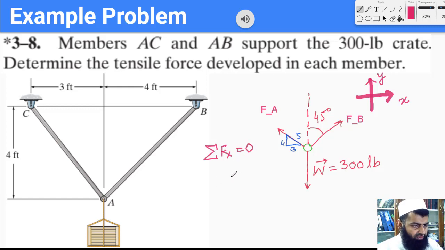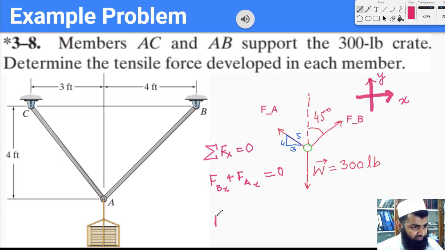And what are the forces in x? First of all, we have the x component of the FB force, and then we have the x component of the FA force. There is no x component of this weight W, because W is directed only in the y direction. So this equation becomes this. What is the x component of FB?